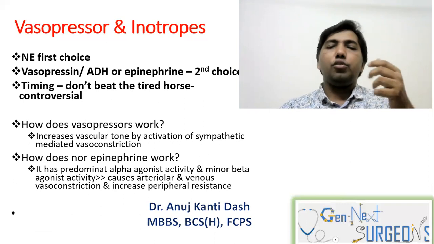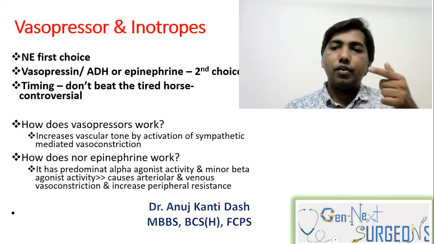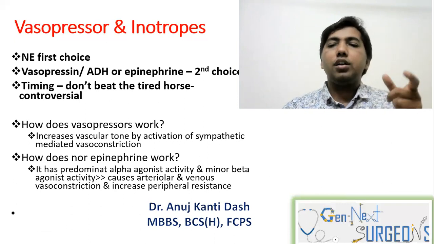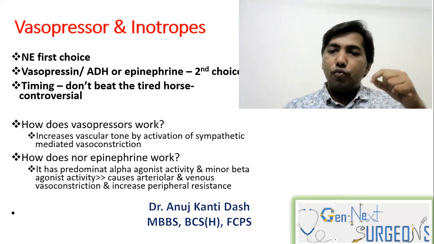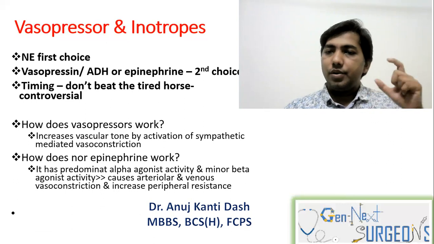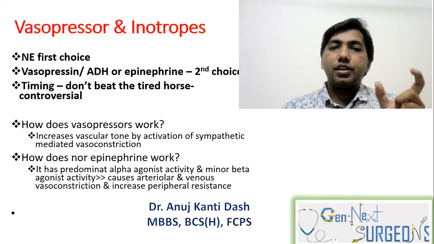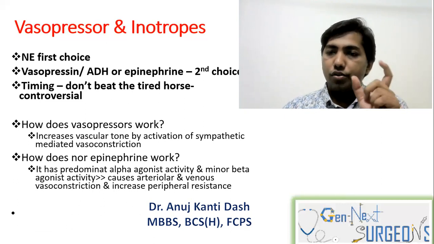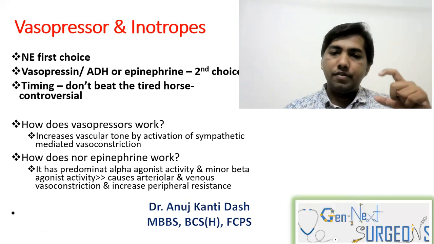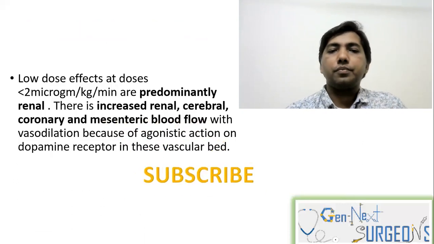But more importantly, you need to know that noradrenaline has predominant alpha activity. It's really alpha 1, and alpha 1 is a vasoconstrictor. Beta 1 is mainly cardiac, beta 2 vasodilation. So noradrenaline causes vasoconstriction and increases peripheral resistance. That's why it increases blood pressure also.